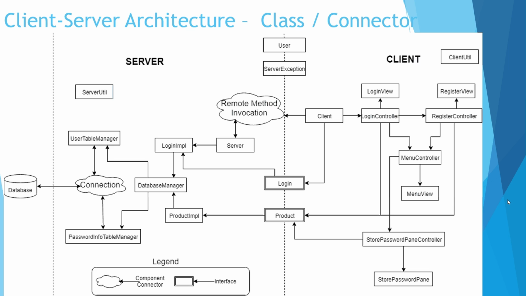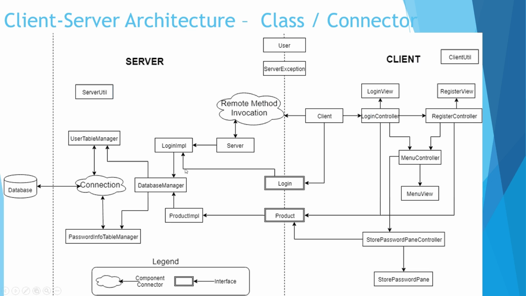So if we start with the server, you can see the connector component there, which talks to the database, and you can see we have two table managers. We have a user table manager and then a password info table manager. These both talk with the connection to the database, and then we have a database manager, which these two table managers talk to.